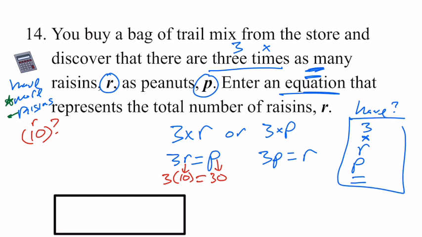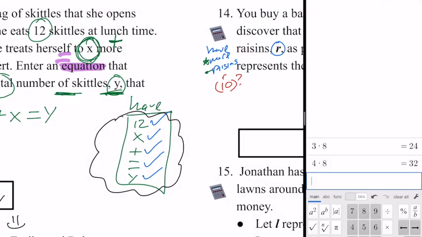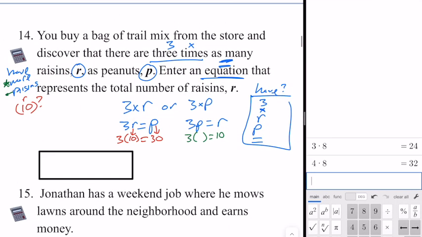So if I do it over here, I'm going to say 3, and then my P I don't know, and my R is 10. Well, 3 times what equals 10? Well, we have a calculator. What you guys will discover is, how do I get there?